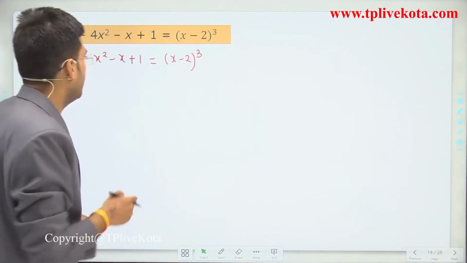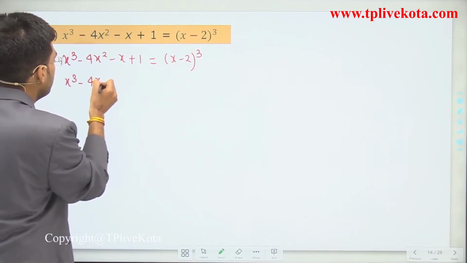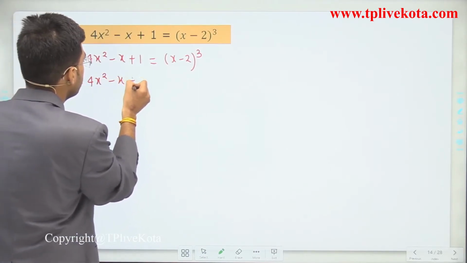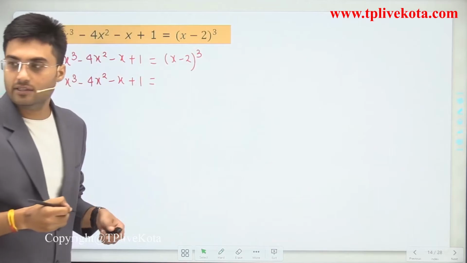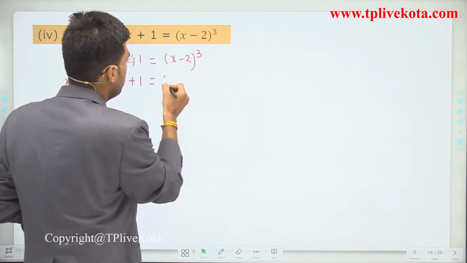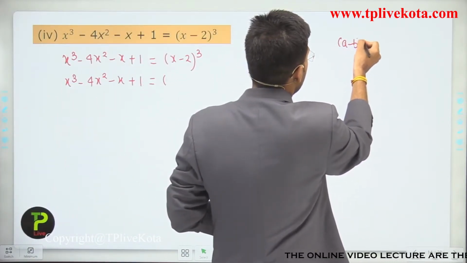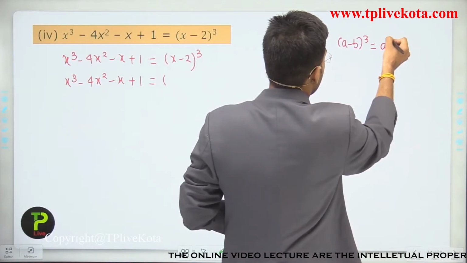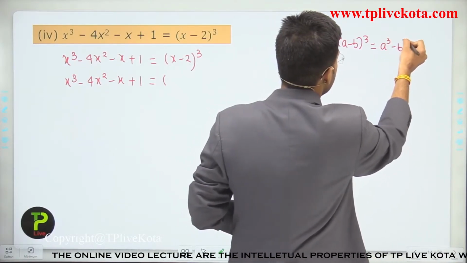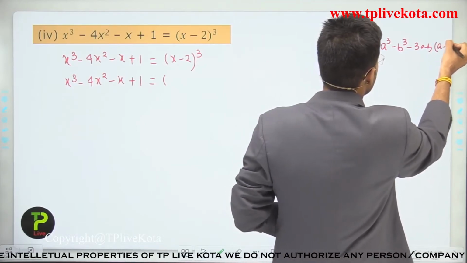Now when we solve this, we know that (a minus b) whole cube is equal to a cube minus b cube minus 3ab(a minus b).